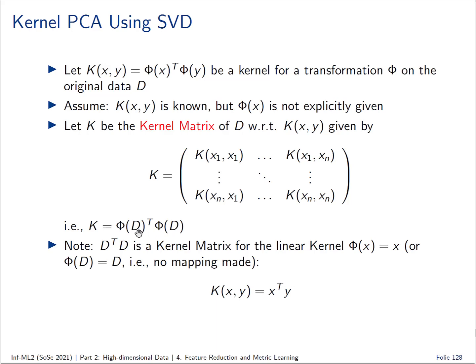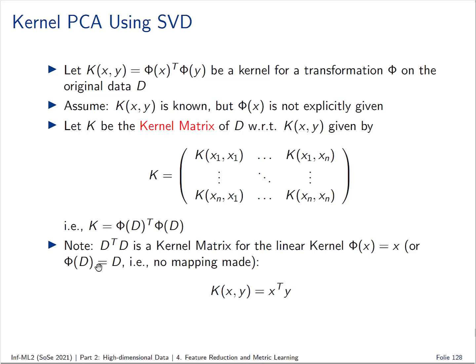And that pretty much looks like the covariance matrix, right? That's exactly true. The original covariance matrix that we used for PCA, which is D transpose times D, is a kernel matrix for the linear kernel, which is just no mapping. So phi of x is x. So x is mapped on x.